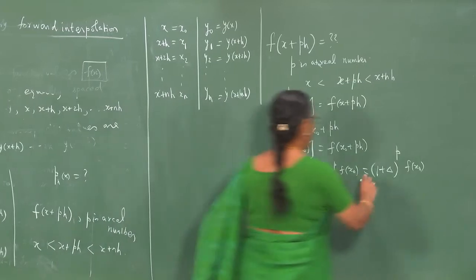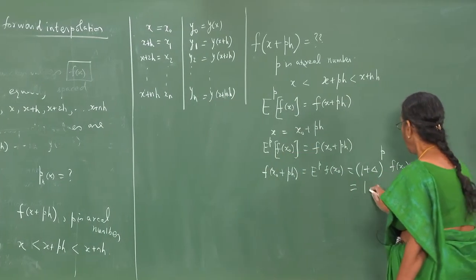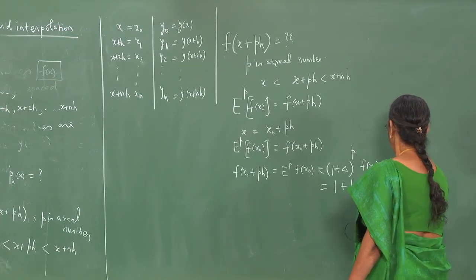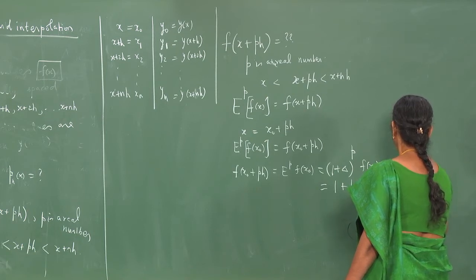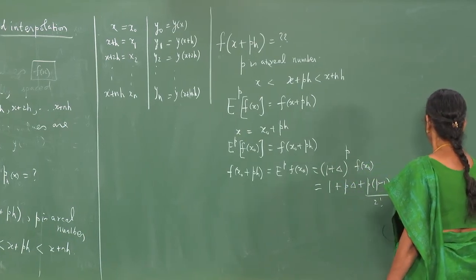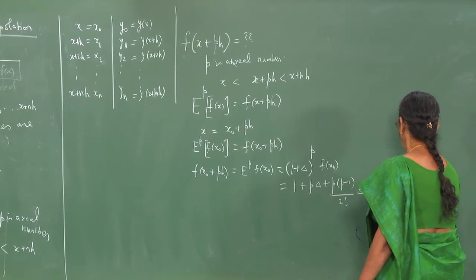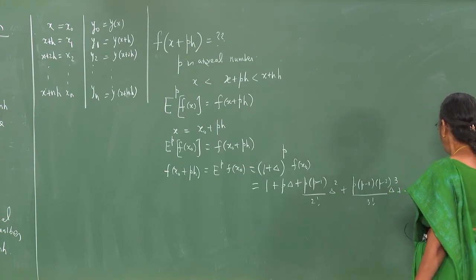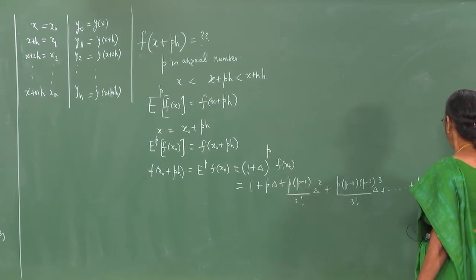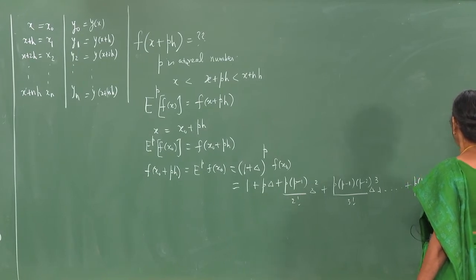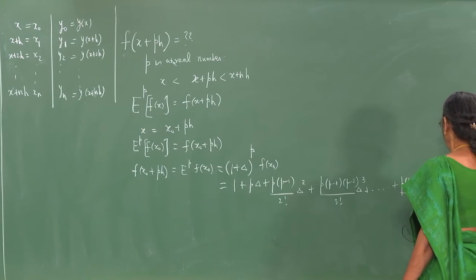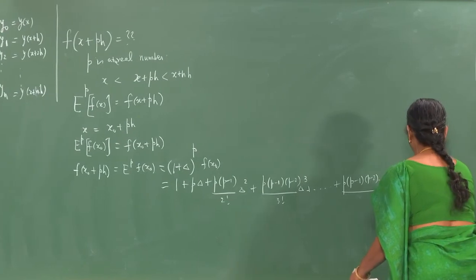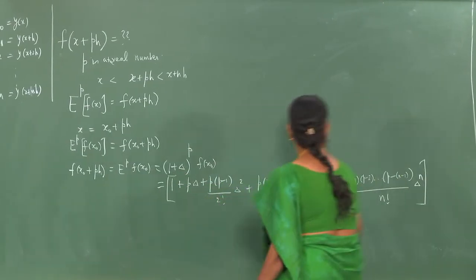So, I write this down as 1 plus p into delta plus p into p minus 1 by factorial 2 into del squared plus p into p minus 1 into p minus 2 by factorial 3 into del cubed plus etc., plus p into p minus 1 into p minus 2 etc., up to p minus n minus 1 by factorial n into del to the power of n, operating on f of x naught.